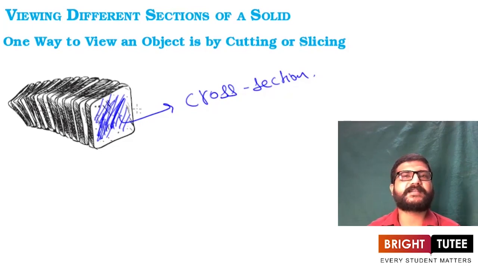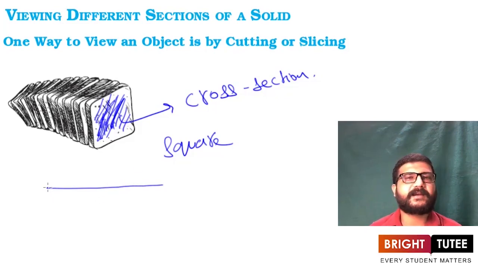This cross section is of square shape because this was a cuboid with a square face. If we are having a cuboid with a rectangular face, then the cross section will be a rectangle.